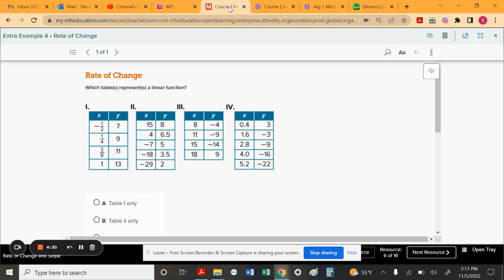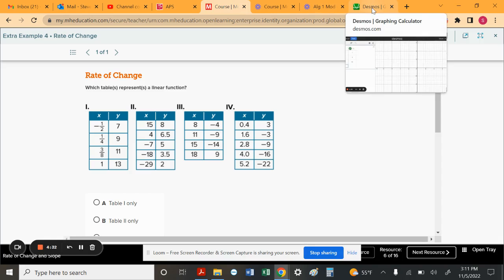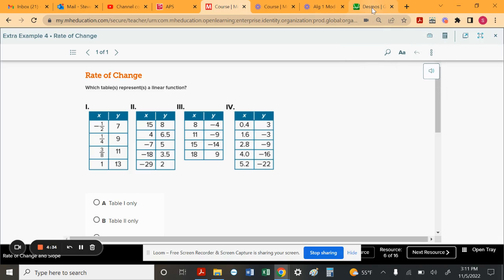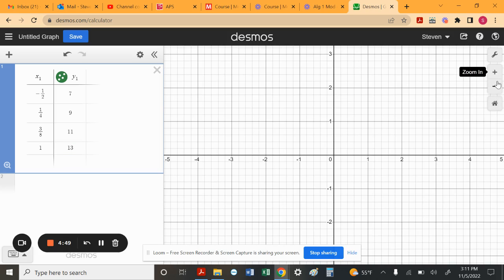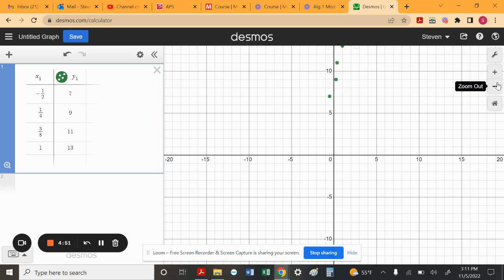Everybody should learn this because it will make your life a lot easier, especially on a test. Then 1 and 13. Notice that all those values should be plotted. I can't see them, so I don't want to zoom in, I don't want to zoom out. There they are.